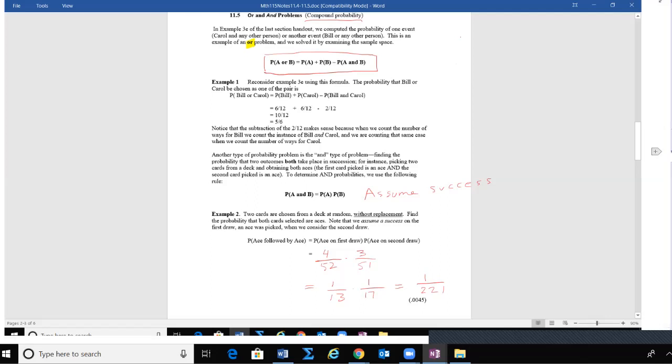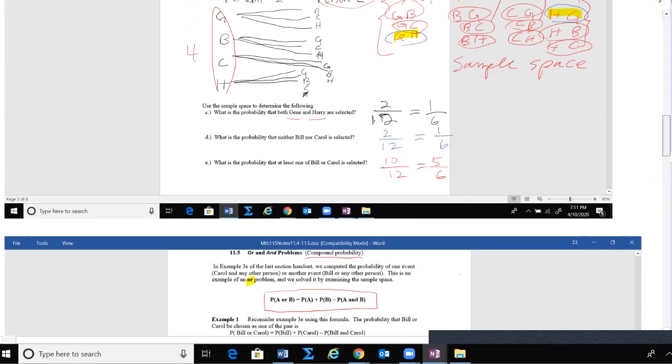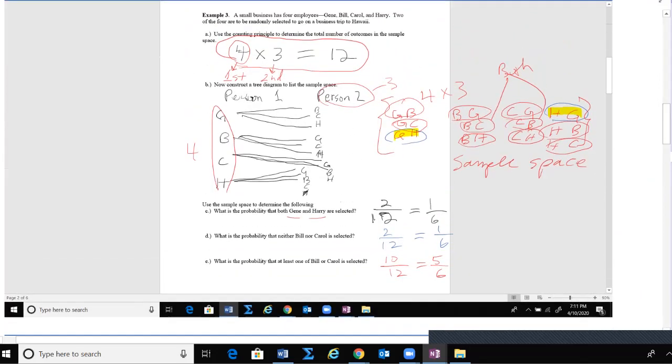So in other words, if you look back at that sample space, when you calculate the probability of Bill, you look for all the B's first, and you notice we have 1, 2, 3, 4, 5, 6.